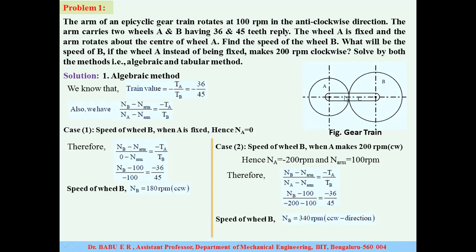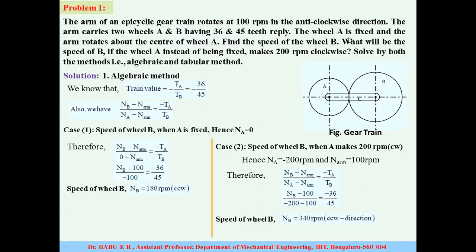Now you have to represent the two gears, gear A and gear B, both connected by an arm. The number of teeth on A is 36, the number of teeth on B is 45. So the size of gear A is smaller than the size of gear B. A will be smaller in size, B will be bigger.